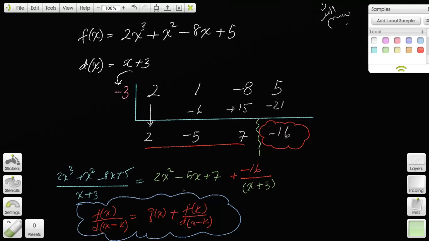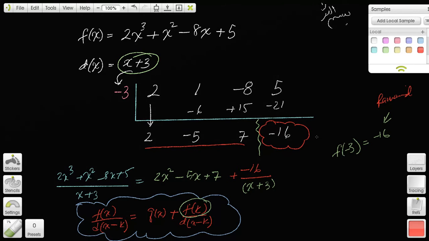It says basically that when a function is divided by x minus k, in this case it's positive, which makes it trickier, then the resultant is a quotient, and the remainder is going to be f of k, f of negative 3. In this case, f of negative 3 is negative 16, and that is the remainder.